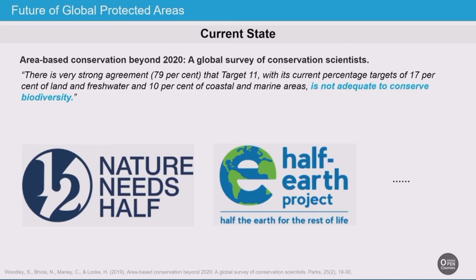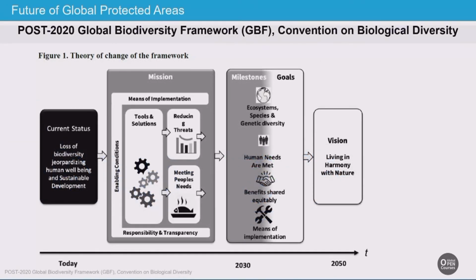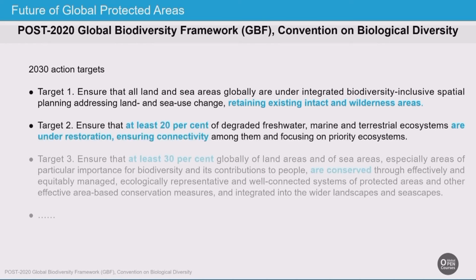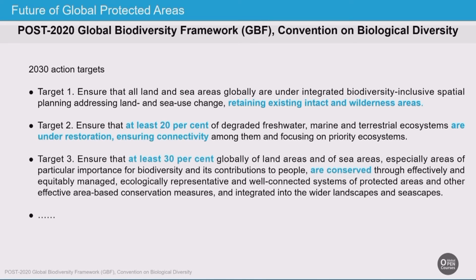And in the ongoing debates of the post-2020 global biodiversity framework, you can see that target 3, in the first draft, calls to protect at least 30% globally of land areas or sea areas.